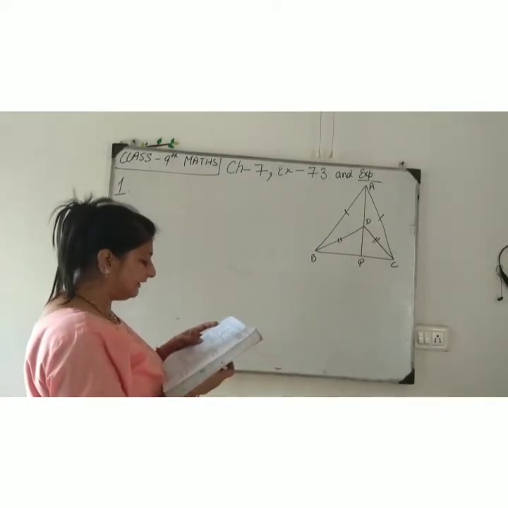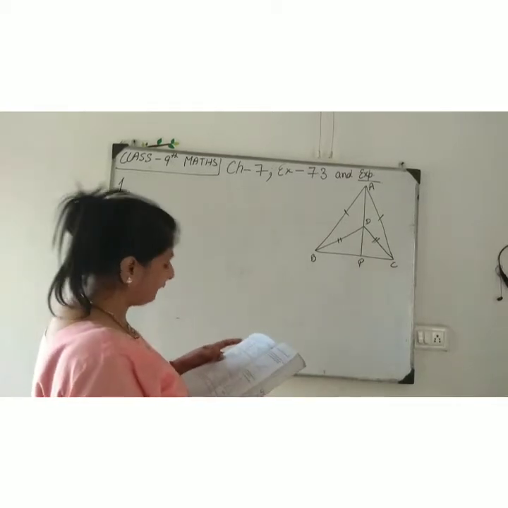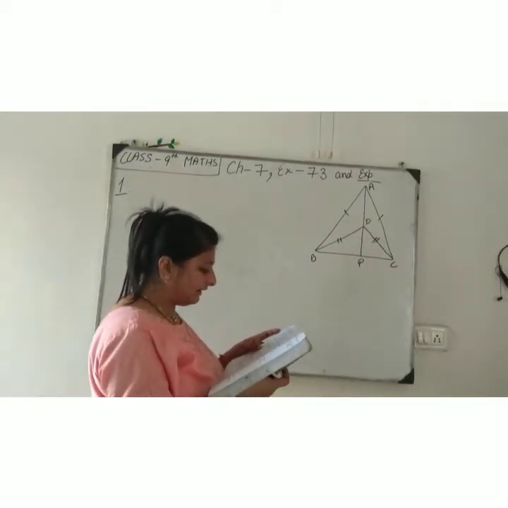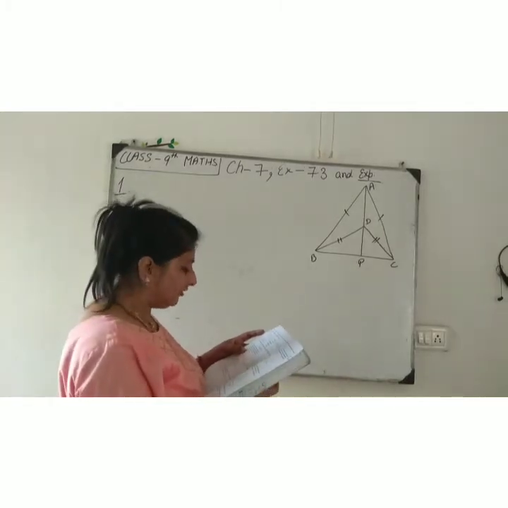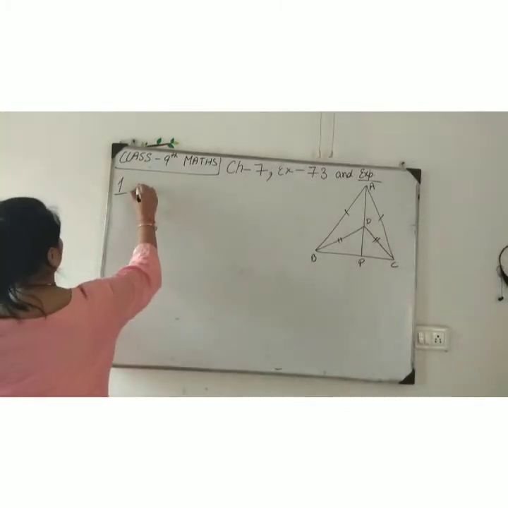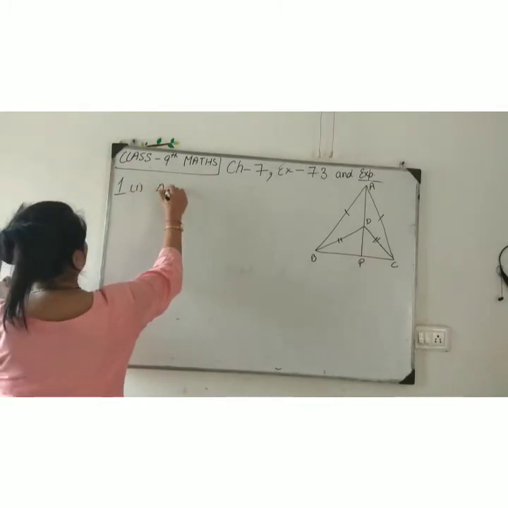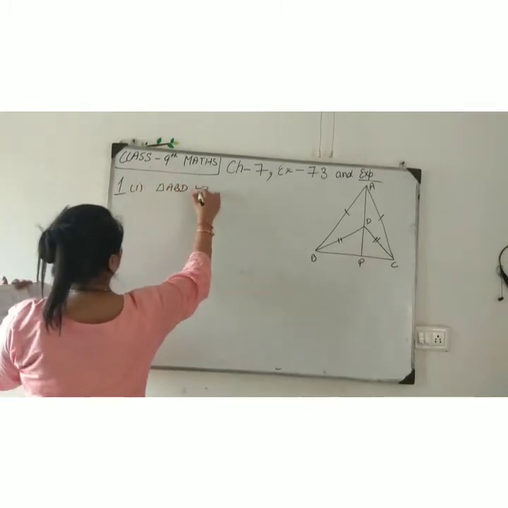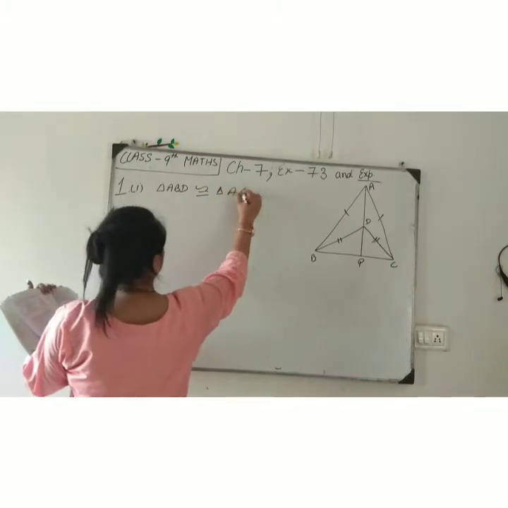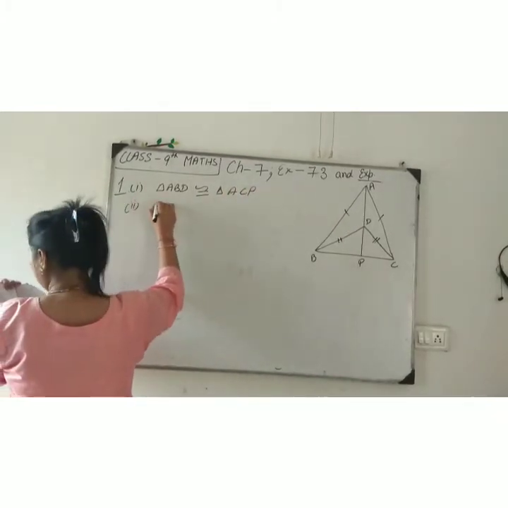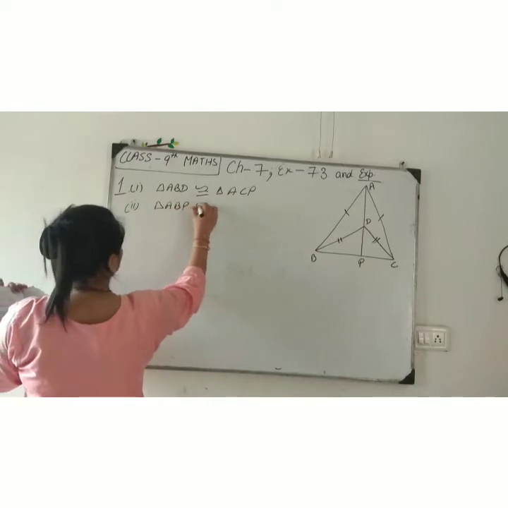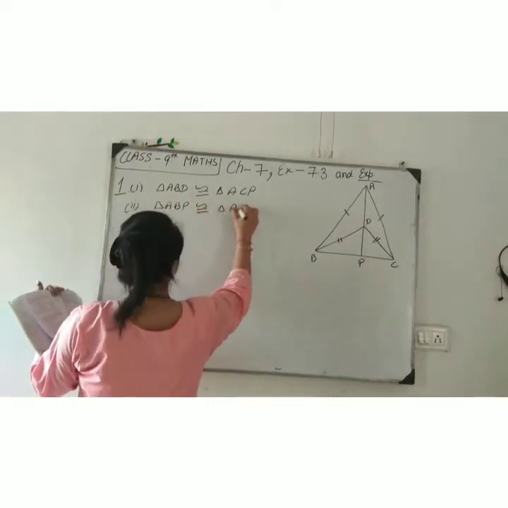Next, A and D are on the same side of BC, and AD is extended to intersect BC at point P. Show that number 1, triangle ABD congruent to triangle ACD. Number 2, triangle ABP congruent to triangle ACP.